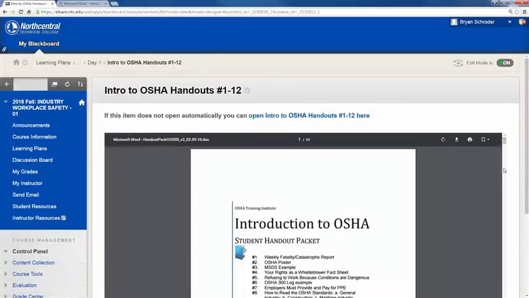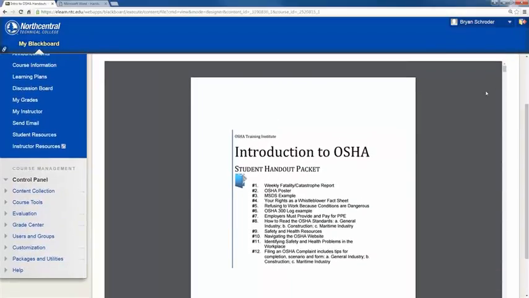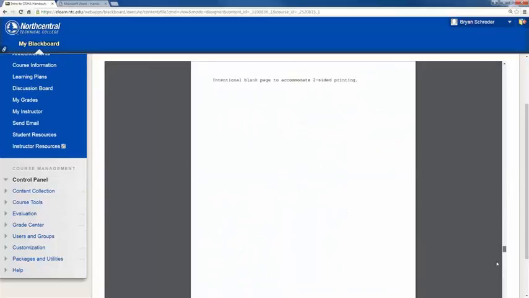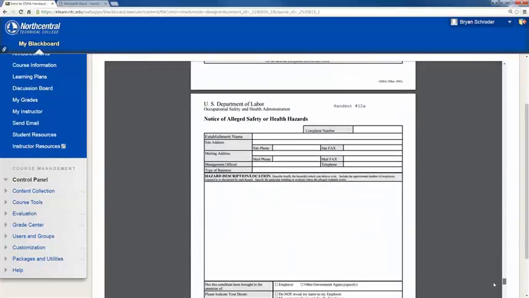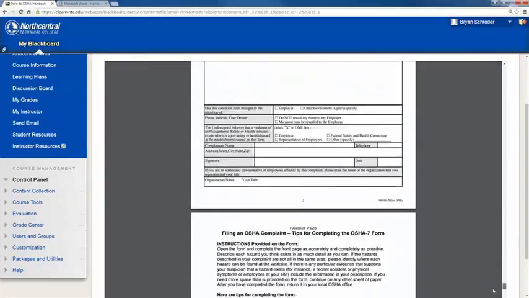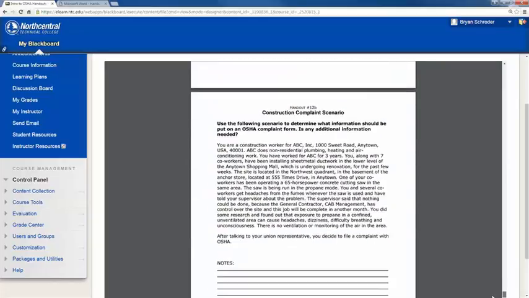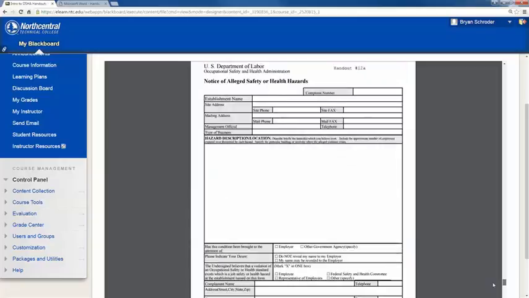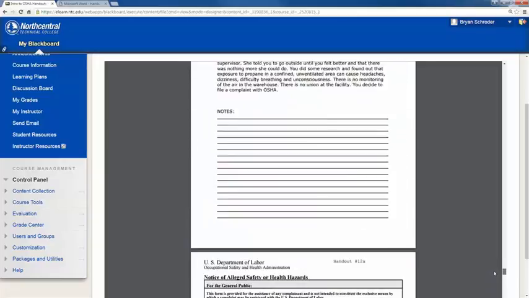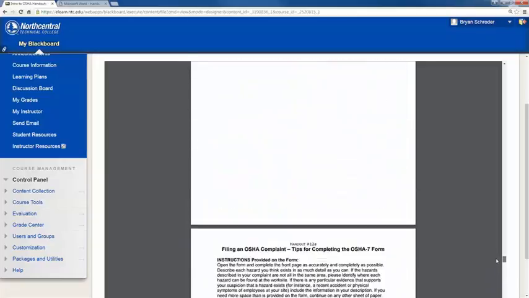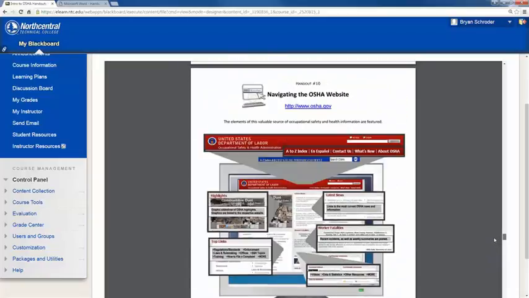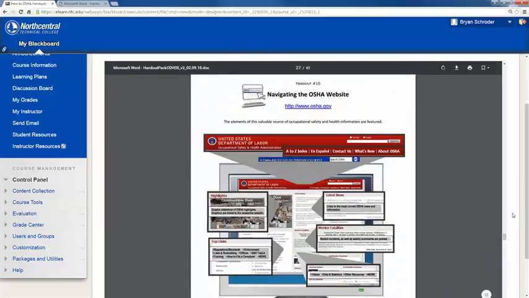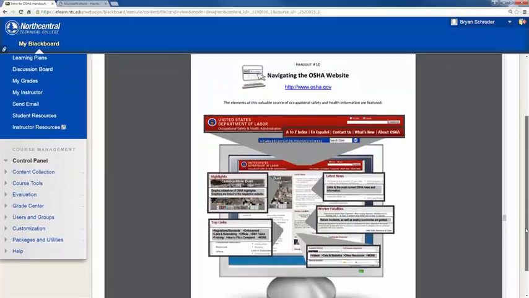If I scroll to the bottom here. I said handout number 10, so I'm on to 12. So there you go. Again, navigating the OSHA website.